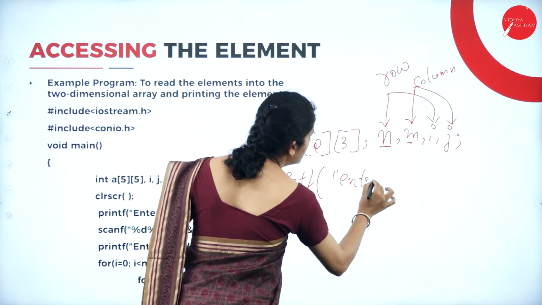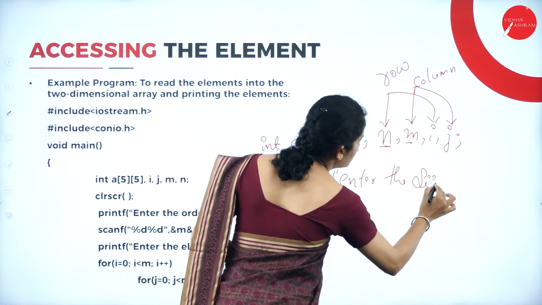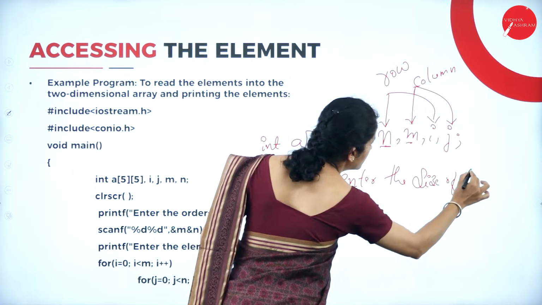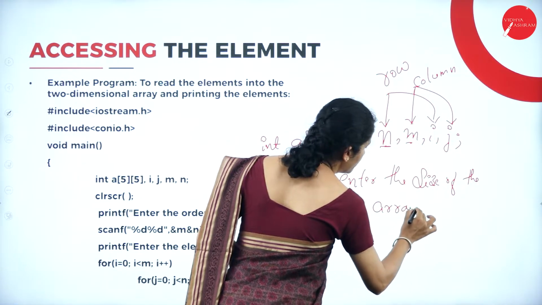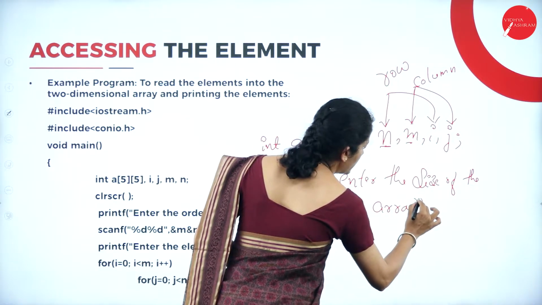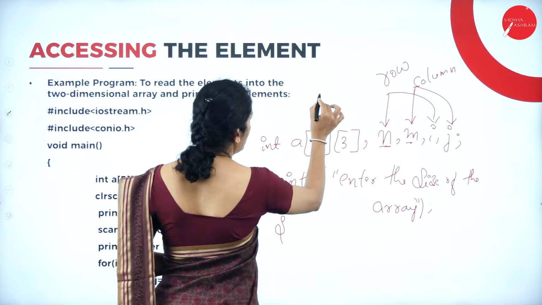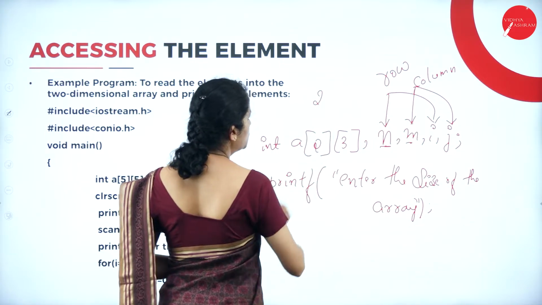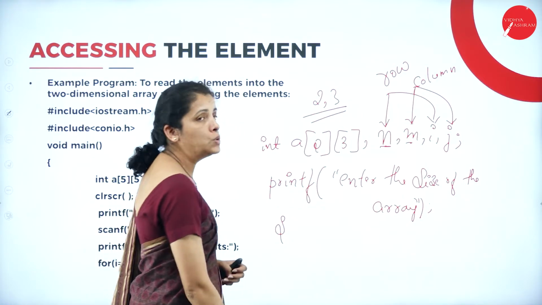Now, dear student, here I'm going to write the message to the user: printf enter the size of the array. For example, say I want to read 2 rows and 3 columns and I want to specify 2 and 3.